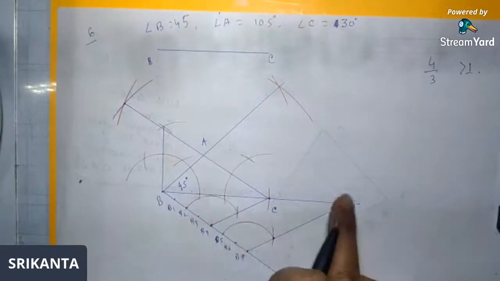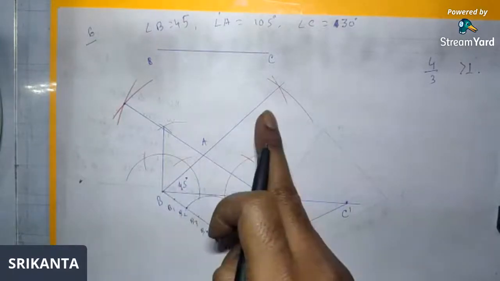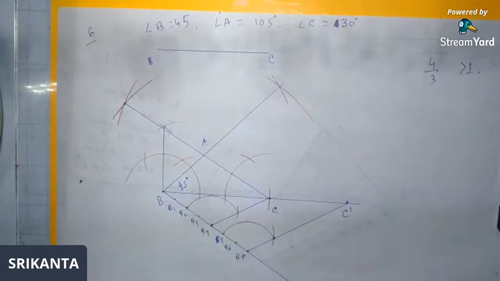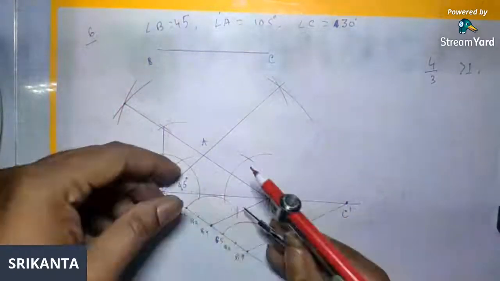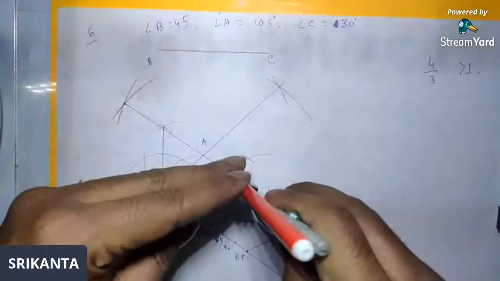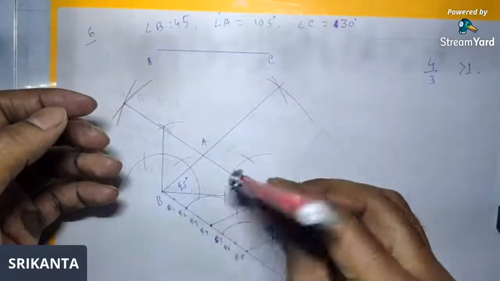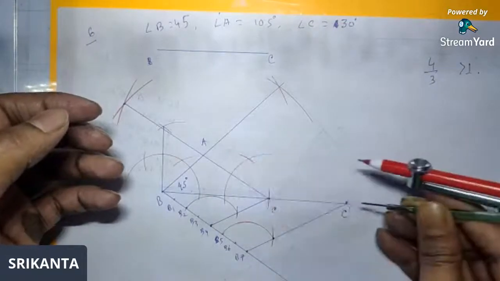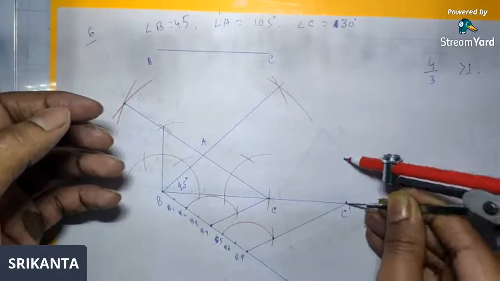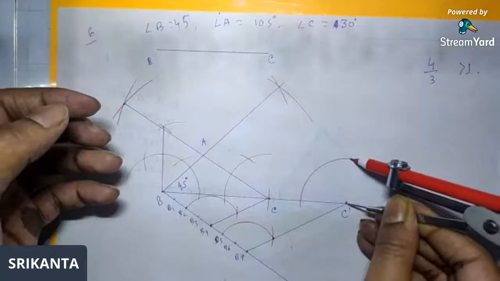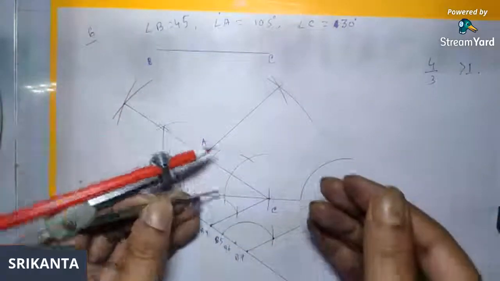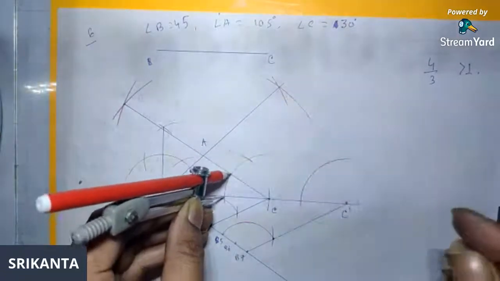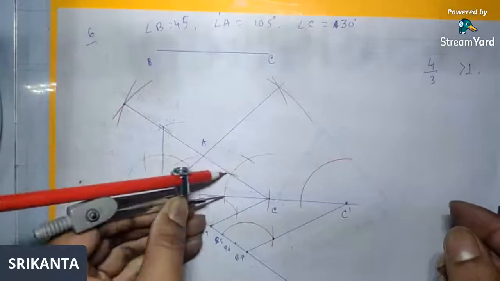Now this angle we are going to imitate because 45 degree we have already got. This is the line. So this angle we are going to imitate here. So how will you imitate it? Same thing. You take the arc, the same arc, put it here, draw it. Clear? And then we measure from here to there. Take a note.